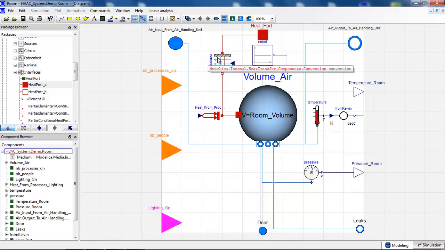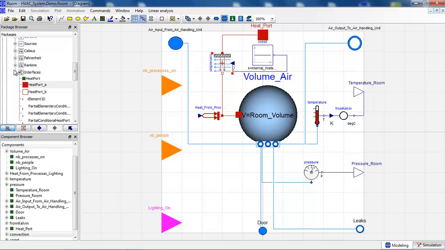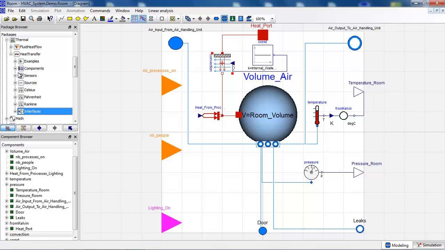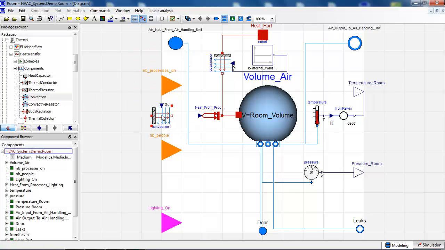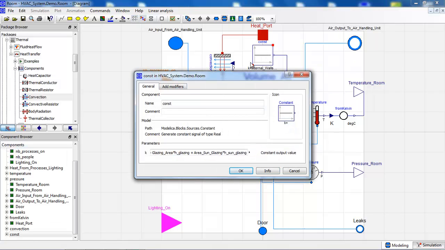I will also use a convection model, which is also here in the heat transfer library, convection here, and I will parameterize the heat transfer convection with some parameters which define my room, the internal walls area and the heat transfer, external wall area, heat transfer, etc.